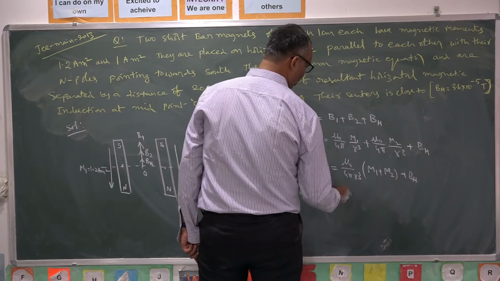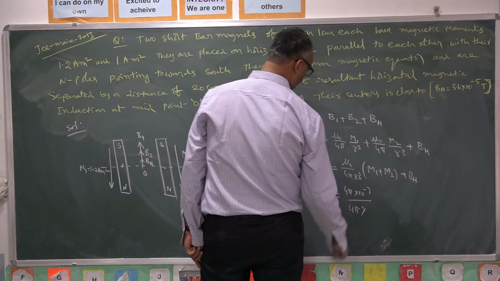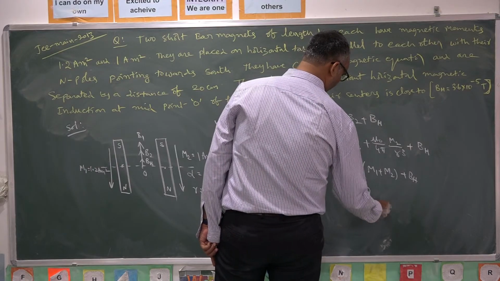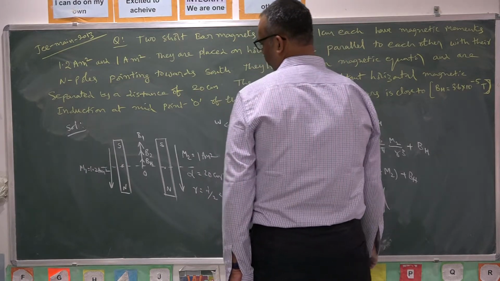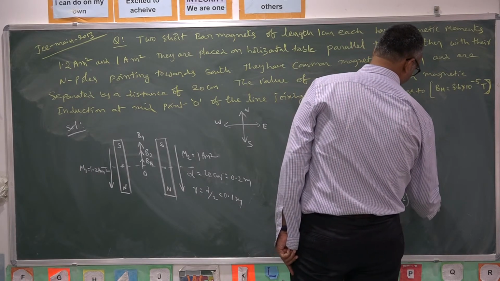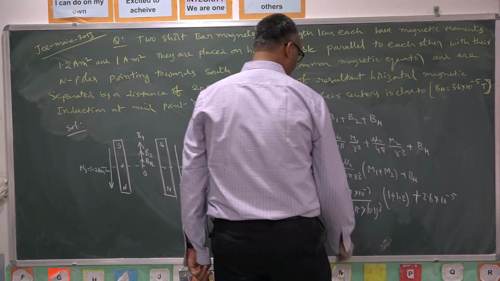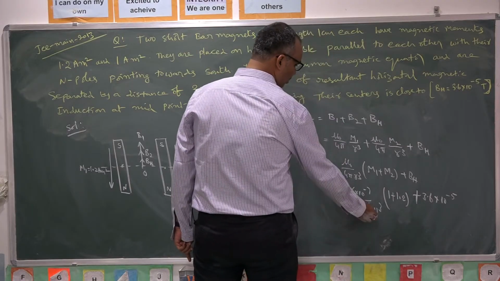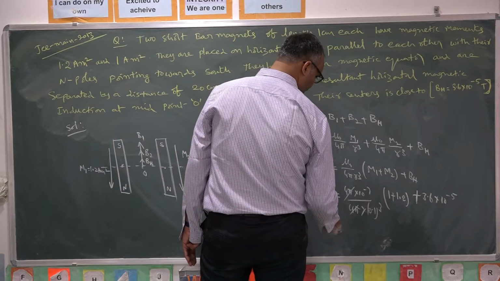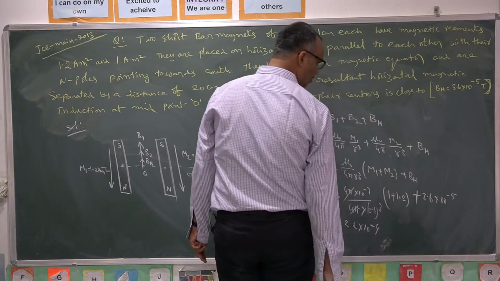You know mu naught is 4 pi into 10 power minus 7, divided by 4 pi into r cube, that is 0.1 whole cube. M1 plus M2 is 1 plus 1.2, plus BH is 3.6 into 10 power minus 5. If you simplify, 4 pi gets cancelled, and it becomes 2.2 into 10 power minus 4.